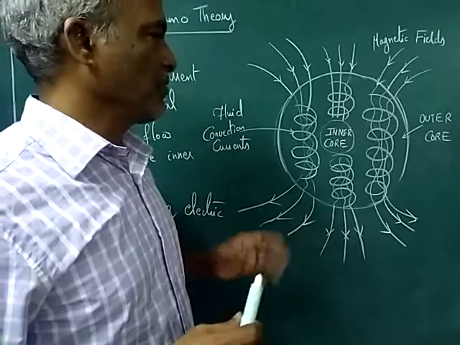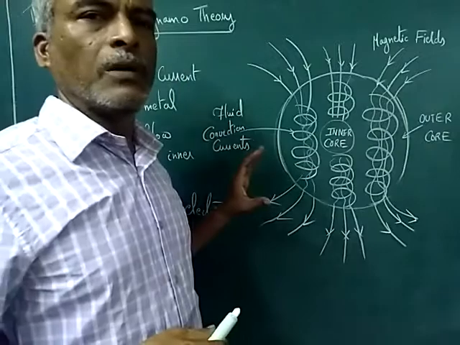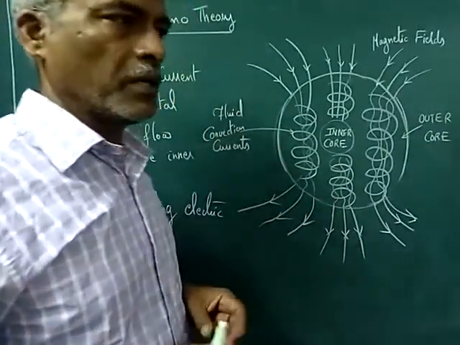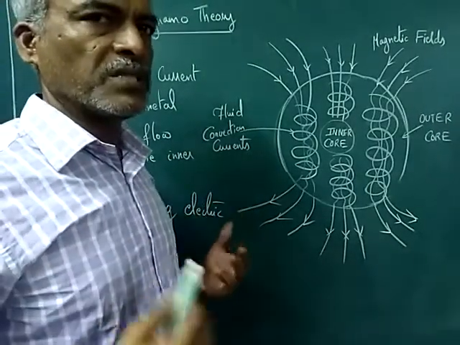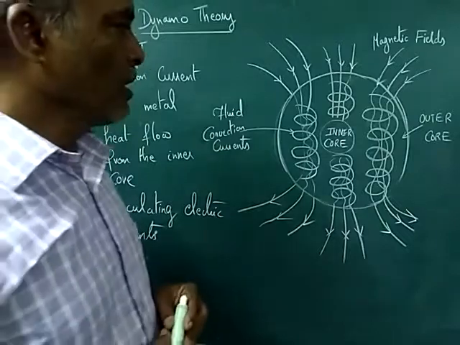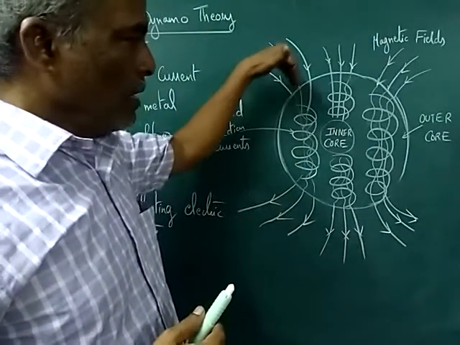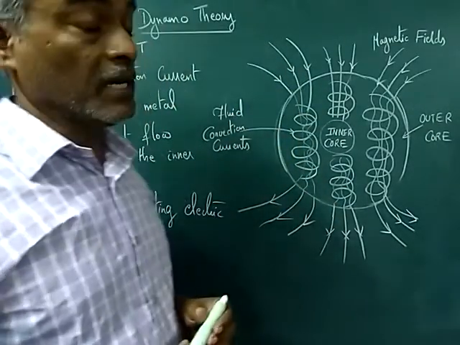So what happens really is, these fluids will produce circulating currents. That's the most important point. When these fluids try to move and produce circulating currents, there is a magnetic field because of these circulating currents.